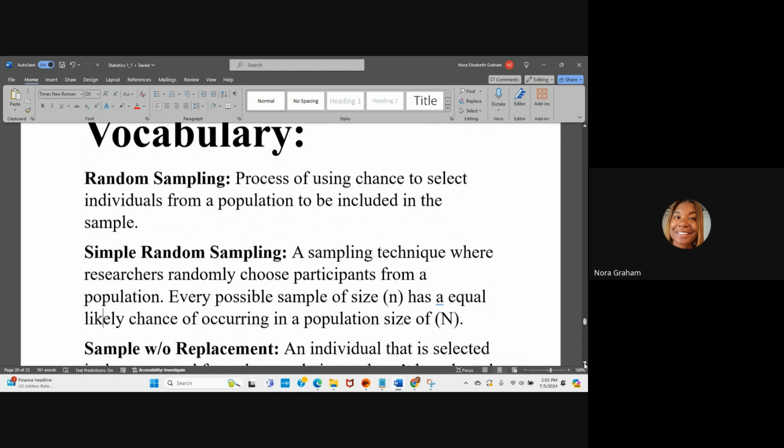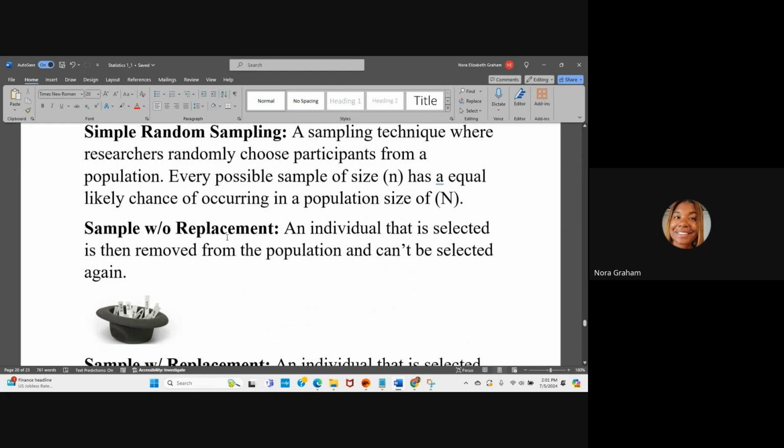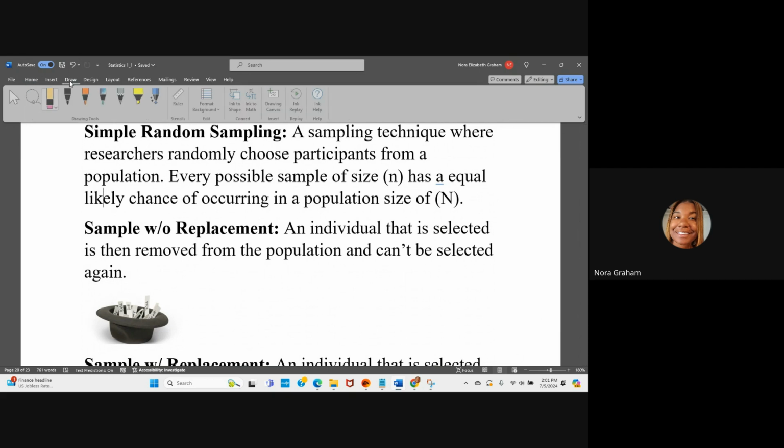And then we have sample without replacement. This is a very important one because we're going to see this a lot later. Sample without replacement is when an individual that is selected is then removed from the population and can't be selected again. Let's go back to my hat example. Say we're selecting names out of a hat.